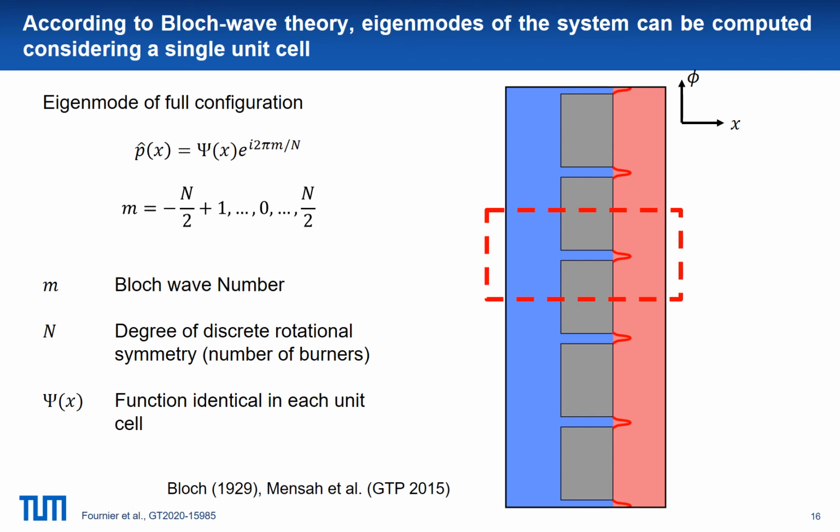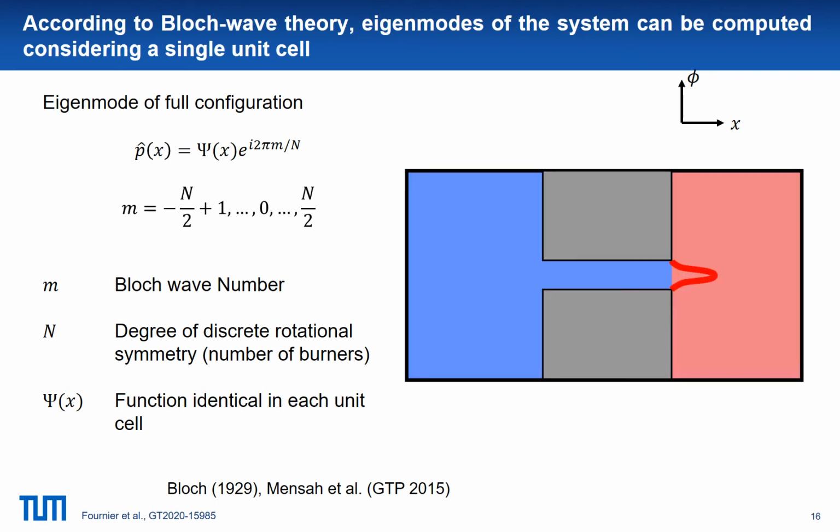In the frequency domain, the solution of the acoustic pressure field P hat for the entire domain can be written as psi, a function that is periodic and identical in each unit cell, and a phase shift. m is the Bloch wave number, and n is the degree of discrete rotational symmetry, so in our case the number of burners. We can therefore reduce our study to a single unit cell and apply Bloch boundaries.